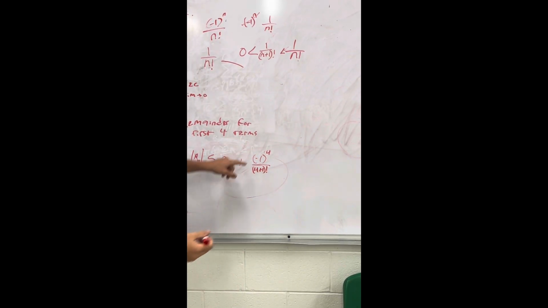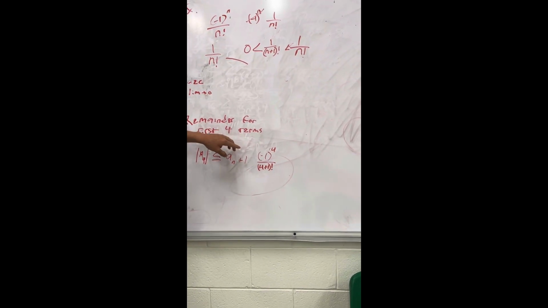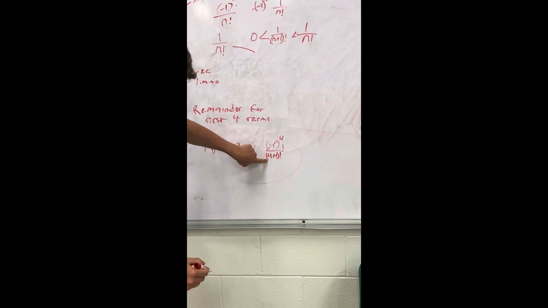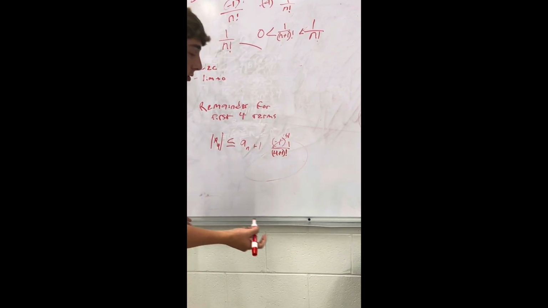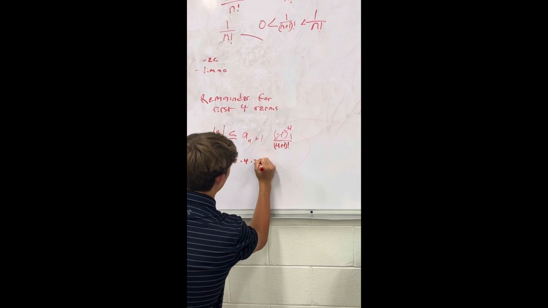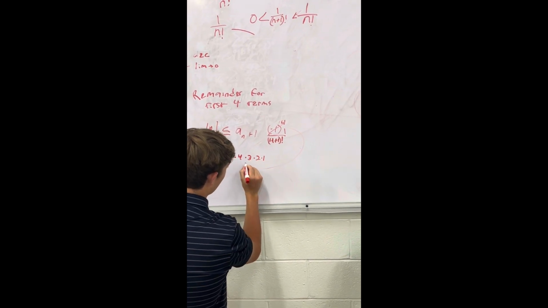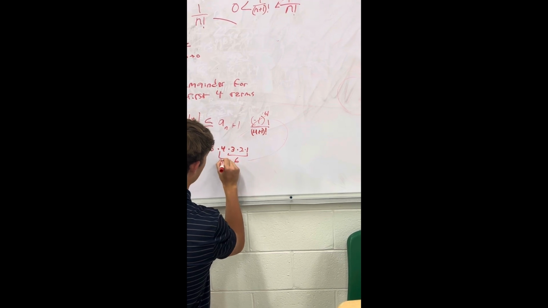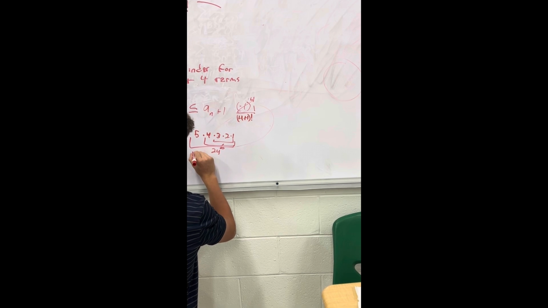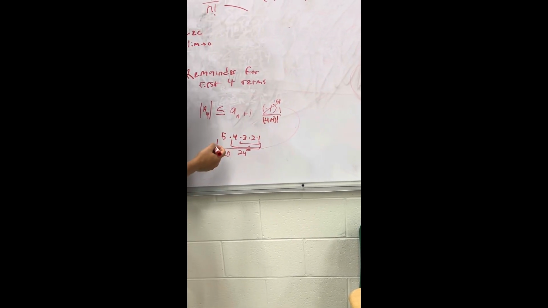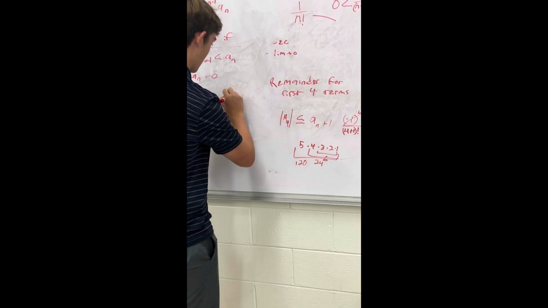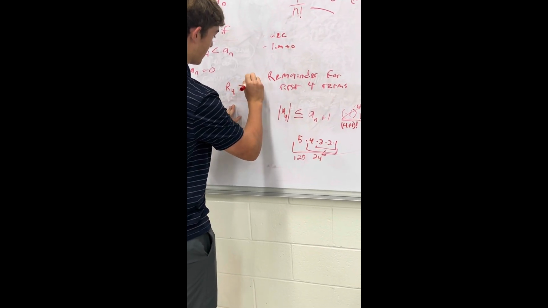Now, because 4 is a positive square, this just cancels, that just becomes 1. That is 5 factorial, and 5 factorial is 5 times 4 times 3 times 2 times 1. This is 6, this is 24, this is 120. So for the remainder for the first 4 terms, r sub 4 is equal to 1 over 120.